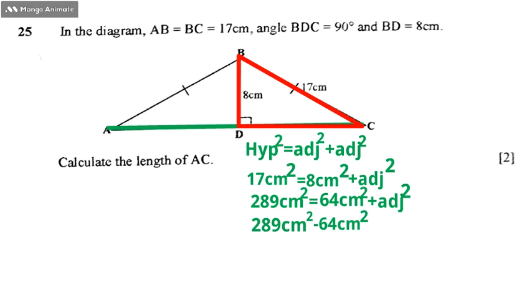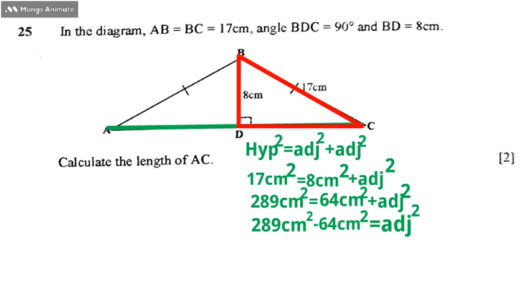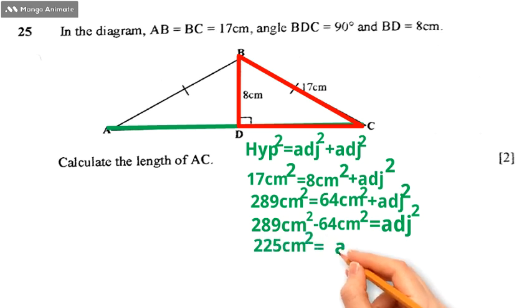Because 64 centimeters squared has crossed the equal sign and become negative. So it's minus 64 centimeters squared, which is equal to adjacent squared. Now I'm going to find the difference of 289 minus 64, which is 225 centimeters squared.